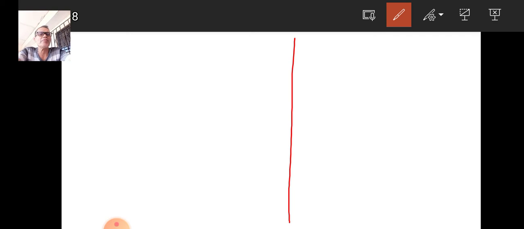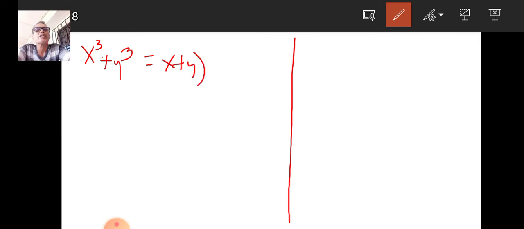So after the difference of two squares, we have the sum and difference of two cubes. The sum and difference of two cubes has a formula to be followed. The sum of two cubes has the formula x cubed plus y cubed must be equal to x plus y times x squared minus xy plus y squared.